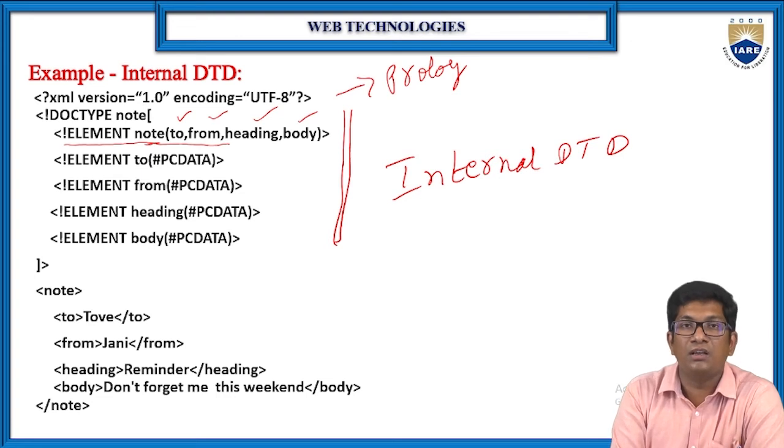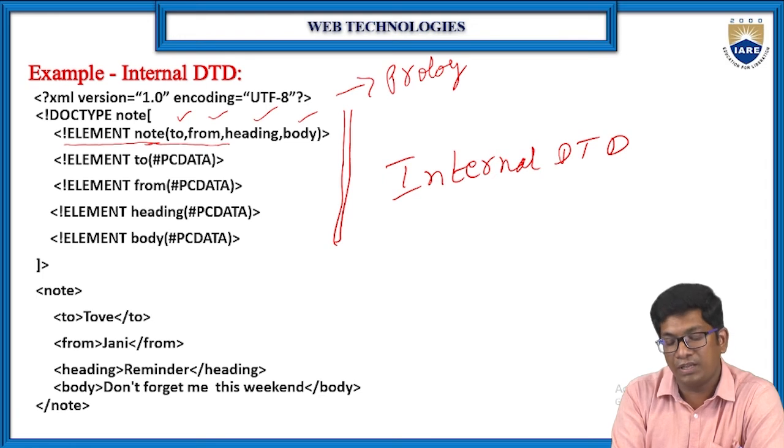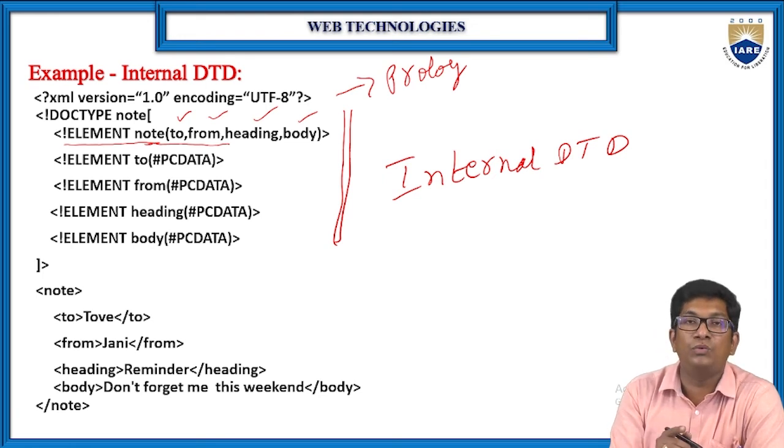So the root node is note. Under that we have child nodes to, from, heading, body. Again you have to declare the child node elements also. You have to start with left angular bracket, exclamation symbol, ELEMENT, space.